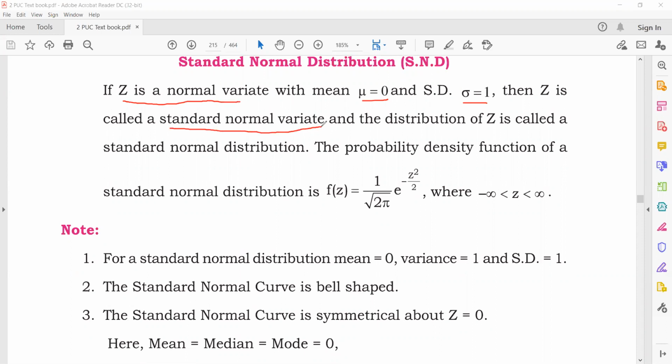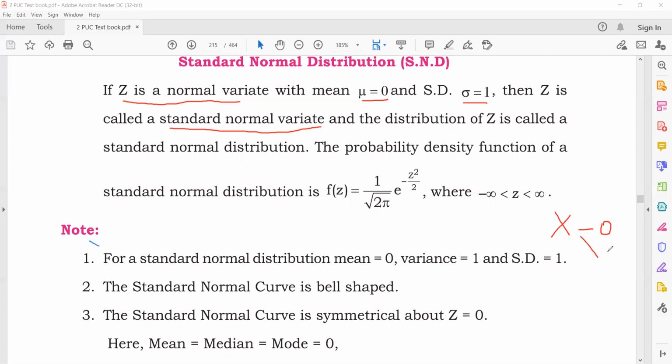So here, assume that you are talking about a special variable, and that is indicated by Z. Why are we indicating it as Z? There is a special reason: in order to differentiate it from normal. I could have a case where X is a normal that has mean 0 as well as 1.